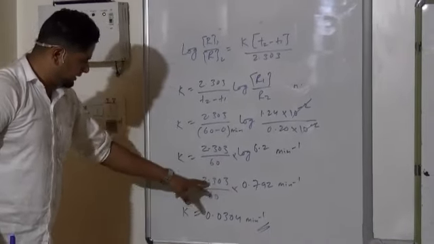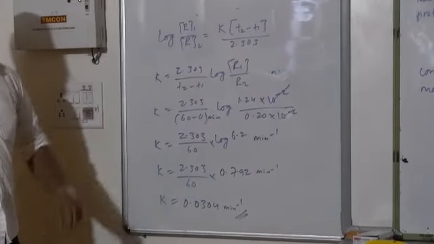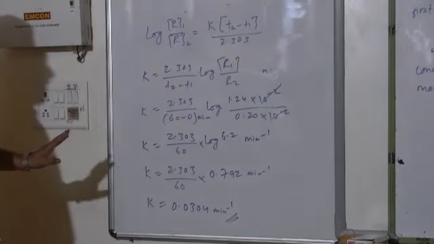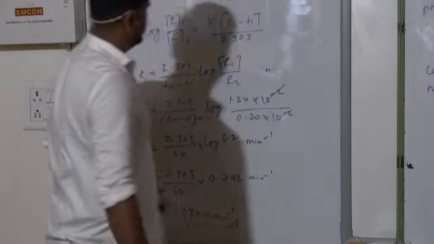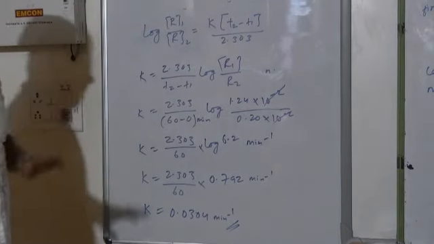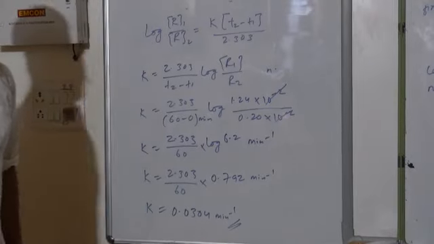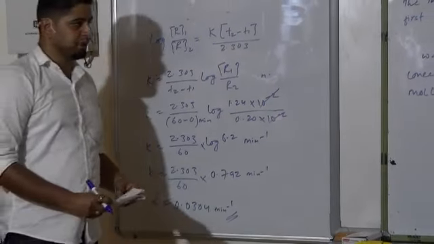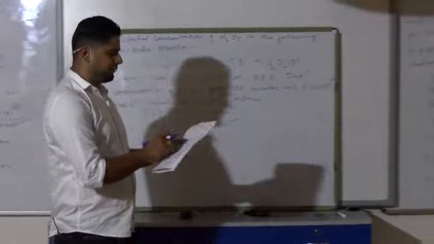Multiply this and divide by 60, you'll get the answer. Got it? Try to understand this. This is very, very simple. Once you understand the question, you will find it much easier to solve the problem. Got it? Okay, let us move on to another type of example.